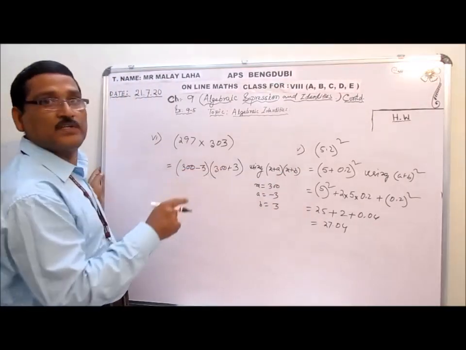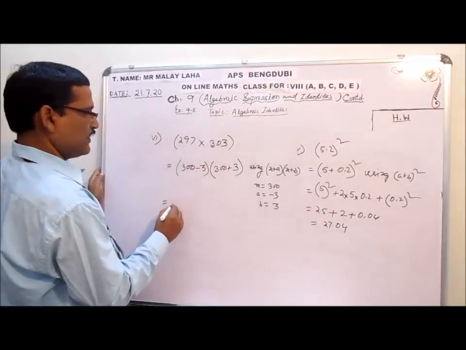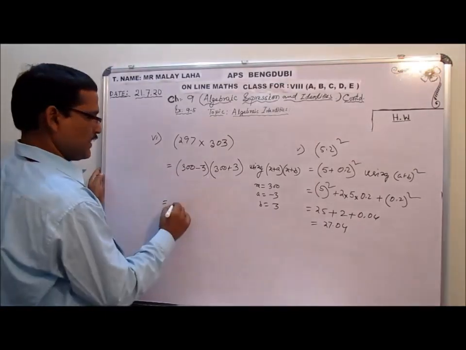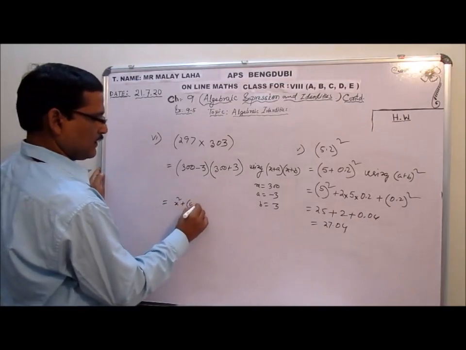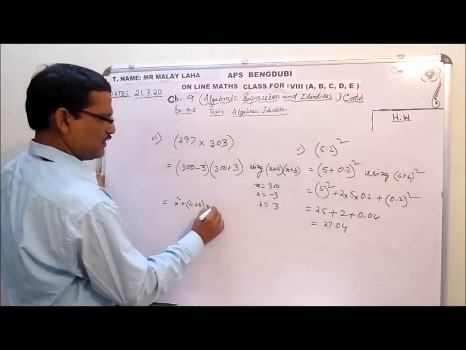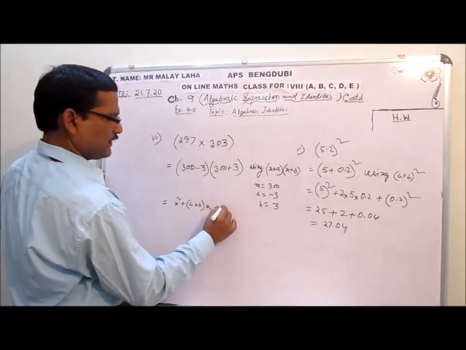Write down the formula, it will be easier for you. As per this formula, it will be x square plus (a plus b)x plus ab.